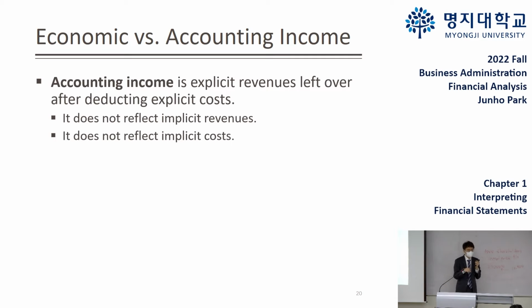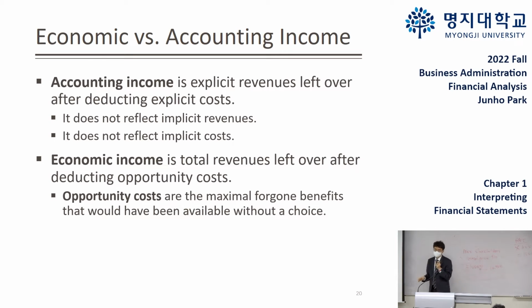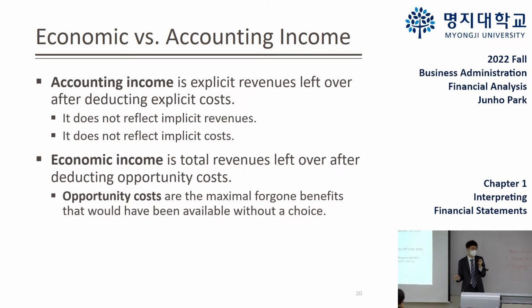So when you choose something, even though it seems that there is no explicit cost, you need to care about other options and alternatives you had. That is called opportunity cost. So from an economics point of view, you need to care about not only the explicit cost, but at the same time, the opportunity cost as well.